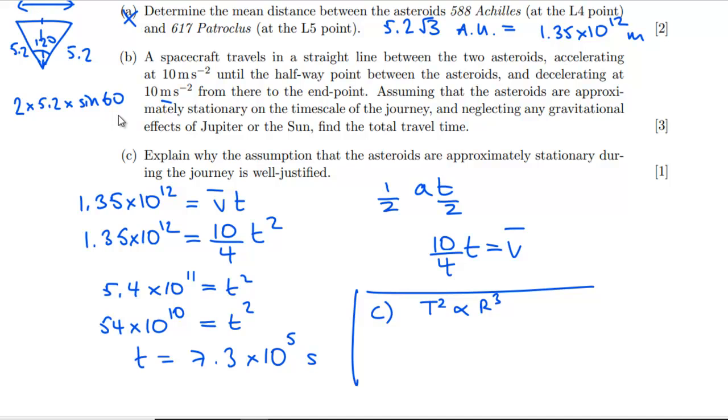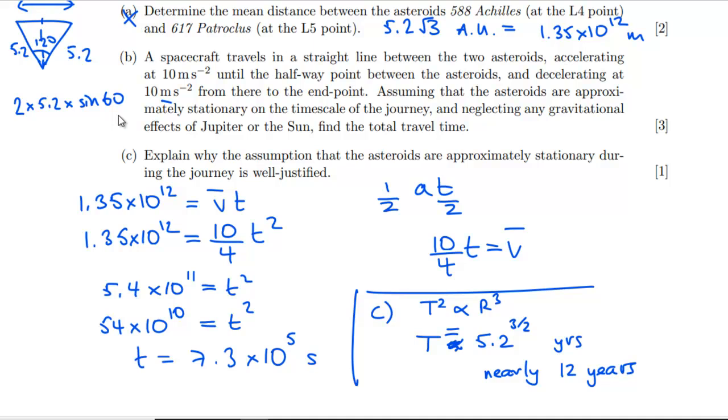So 1 squared over 1 squared is what we're getting. So the orbital period of Jupiter is equal to 5.2 to the 3 over 2, in years. So that is nearly 12 years for Jupiter to orbit.